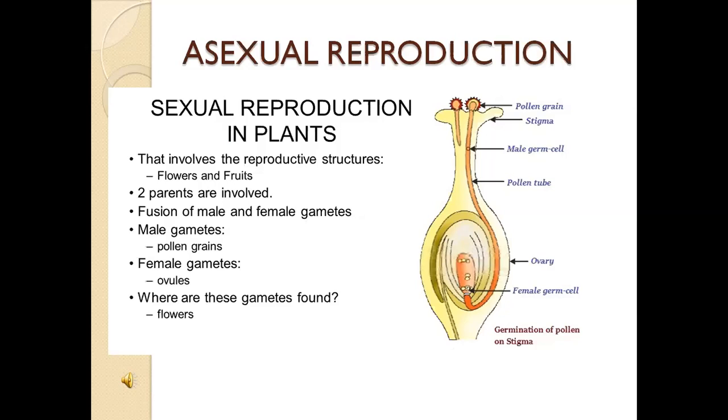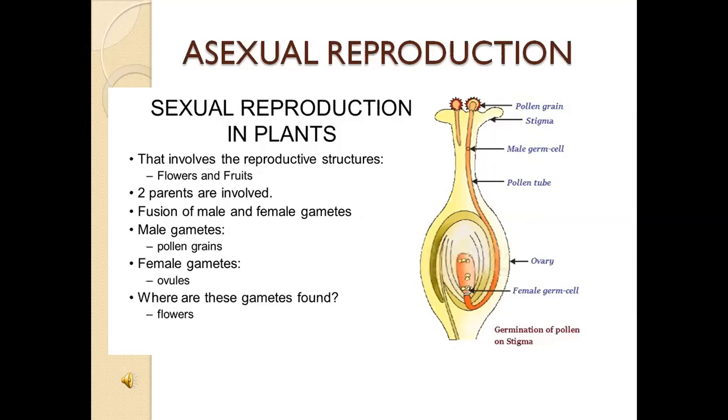Male gametes and female gametes are important here. Male gametes are pollen grains and female gametes are ovules. The gametes are found in flowers.